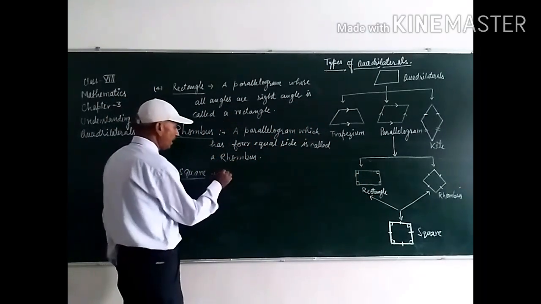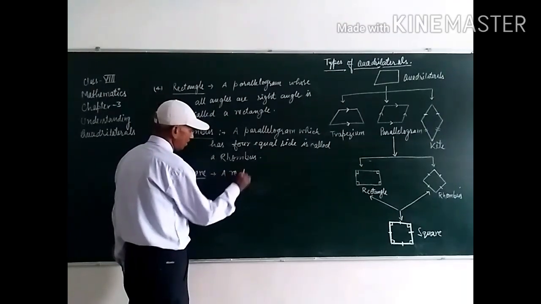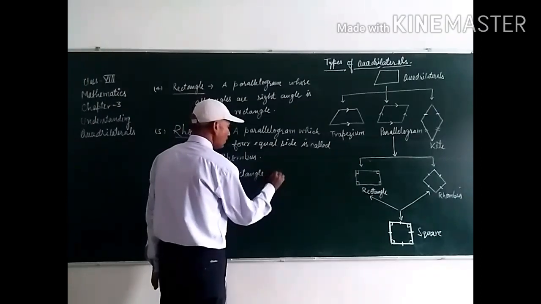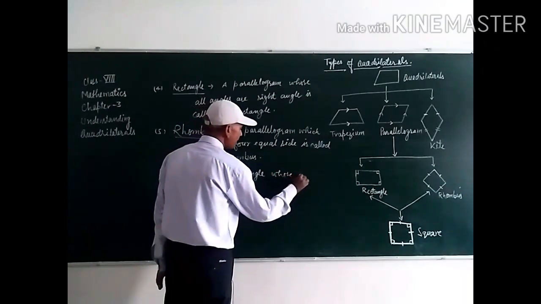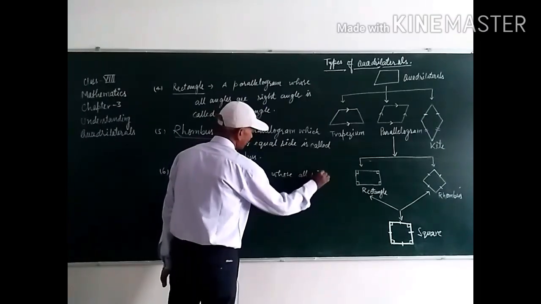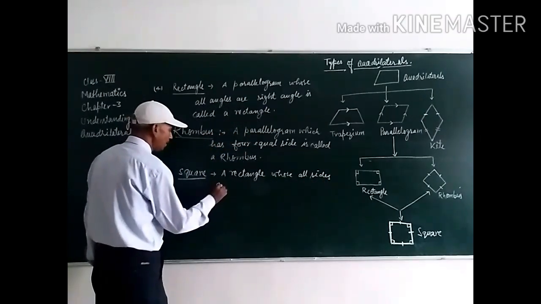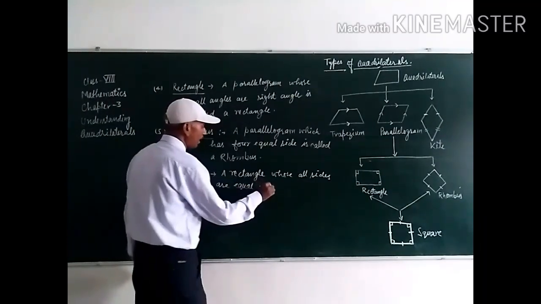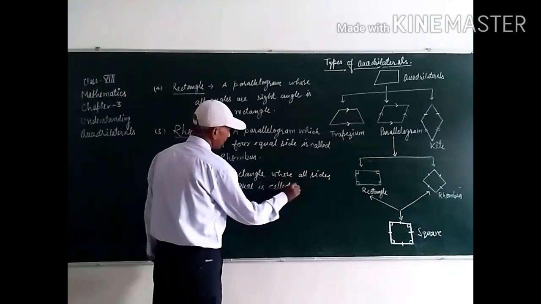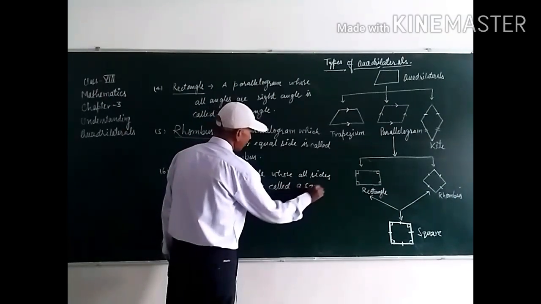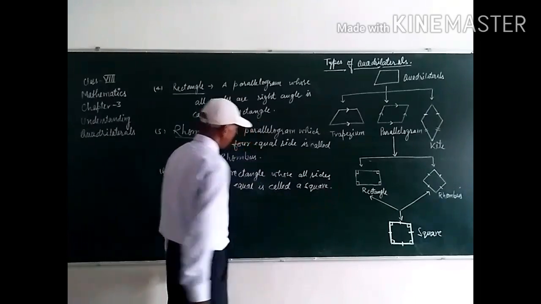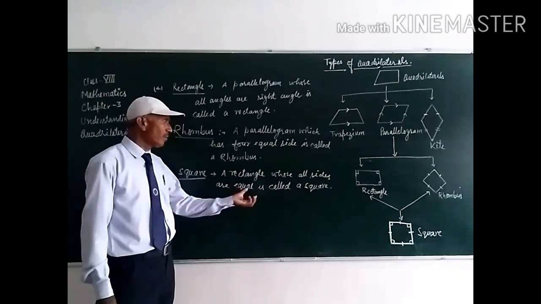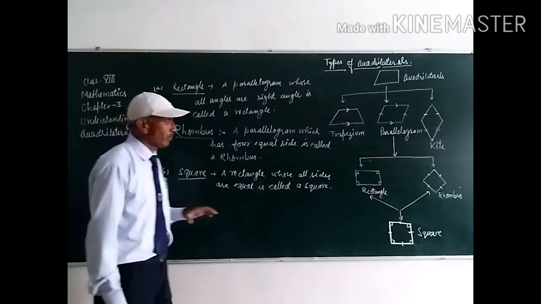A rectangle whose all sides are equal is called a square.